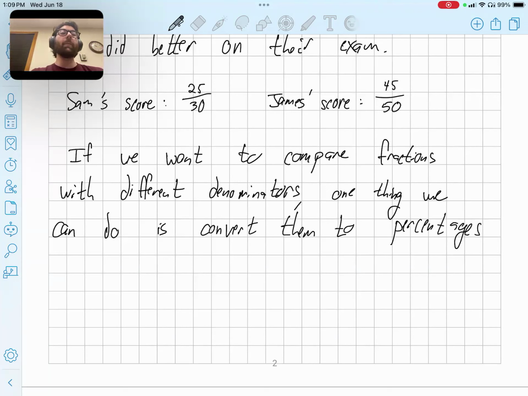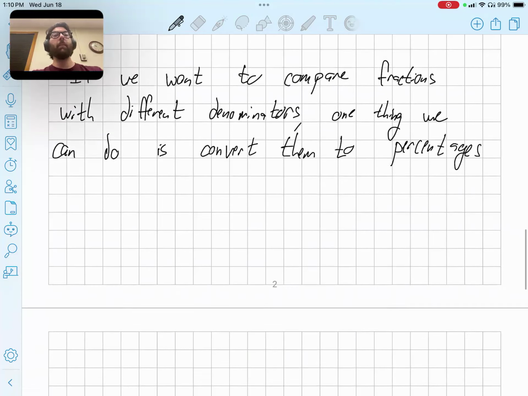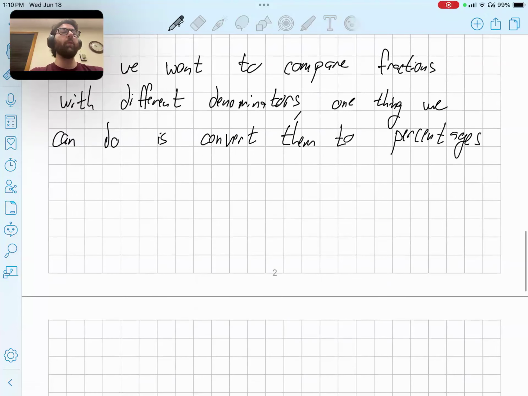Because once we convert them to percentages, we can just say, all right, whichever percentage is the higher number, that's the one who did better. Because then we'll change both of these to being out of 100. And when you have the same denominator, you can just directly compare the numerator. So you can directly compare the numbers on top. And so we won't see how to do that in this video, but we will see that in a future video.